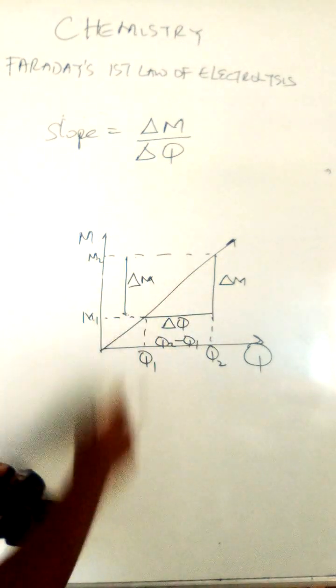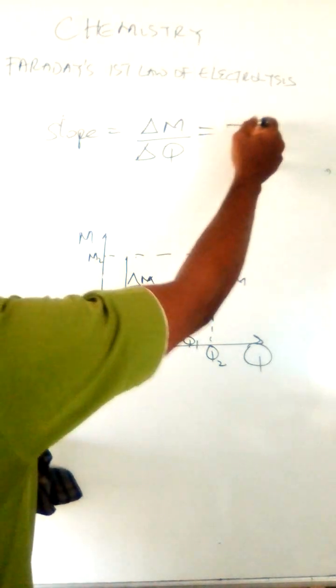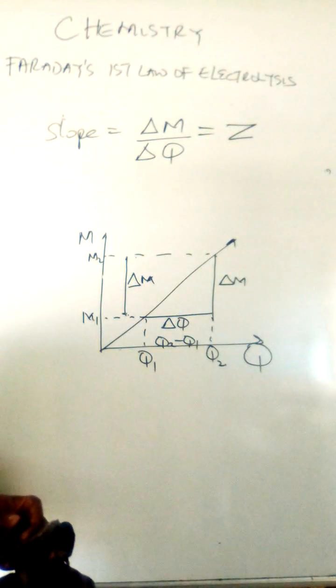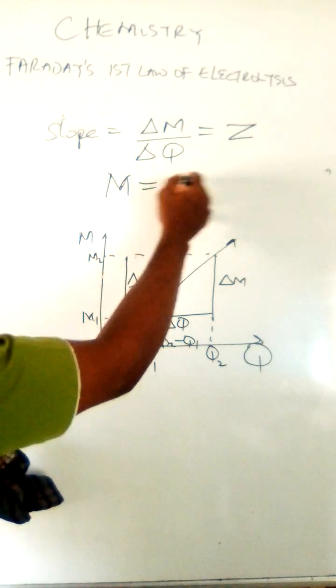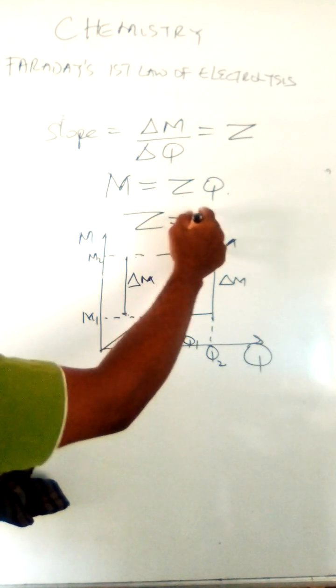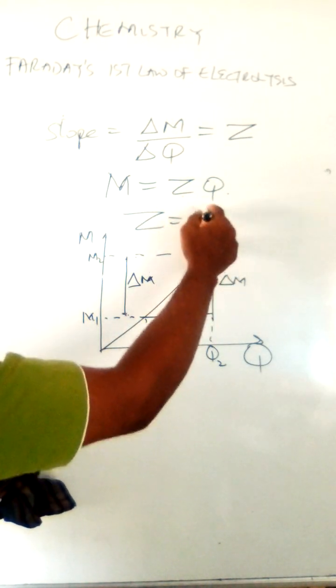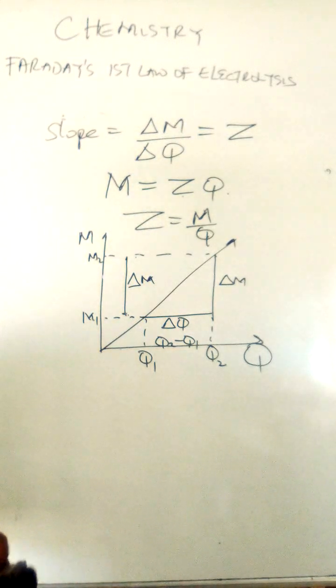The slope, or gradient, of Faraday's first law is equivalent to Z, which is the electrochemical equivalent. Remember that from Faraday's first law, M equals ZQ. So if I make Z the subject, Z becomes M over Q, which is what we have over here. So the slope of Faraday's first law graph represents the electrochemical equivalent of the deposited substance.